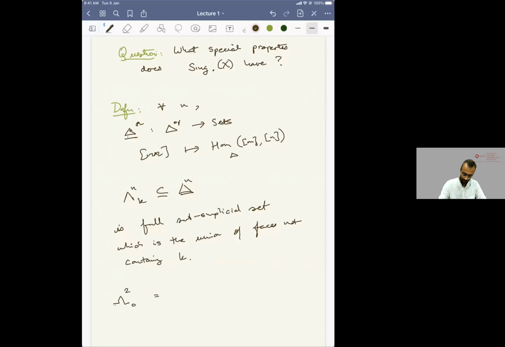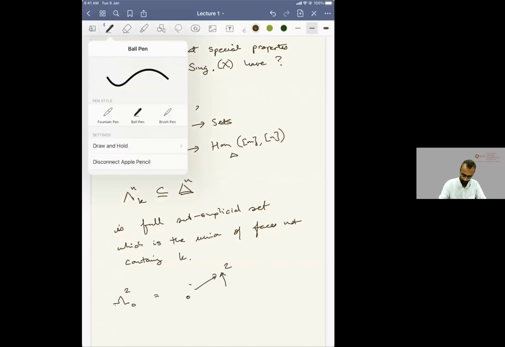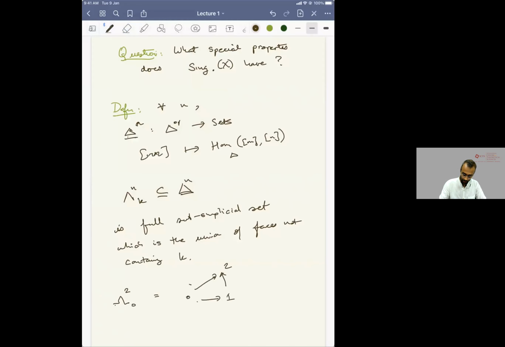So it's all faces in delta 2 not containing 0. So we have 0, 1, and 2. So I want to delete the face, oh sorry, of all faces containing k.